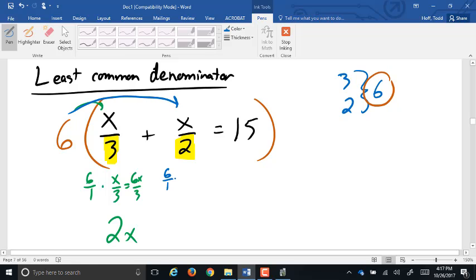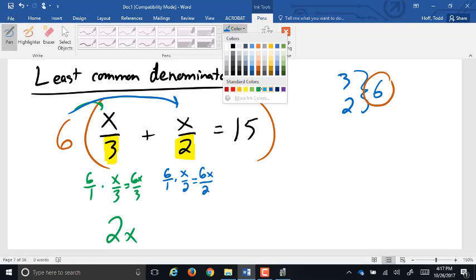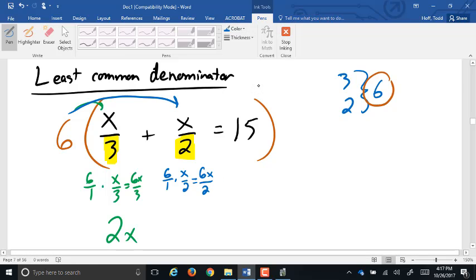We'll write that as 6 over 1 times x over 2. 6 times x is 6x. 1 times 2 is 2. So that's 6x over 2, which divides out to be 3x. Then, of course, we got 6 times 15 on the other side, which is just 90.